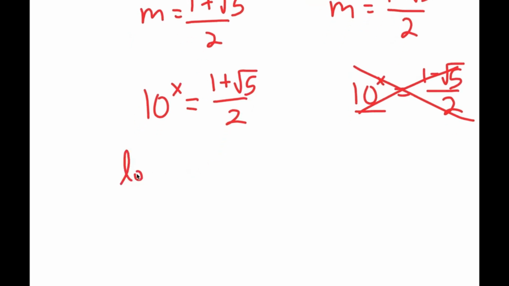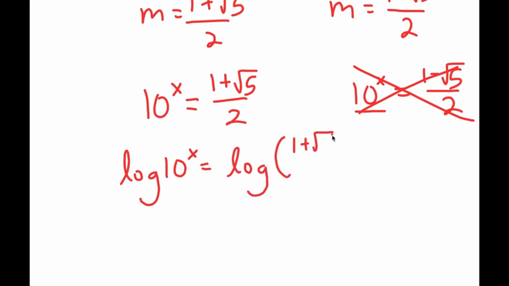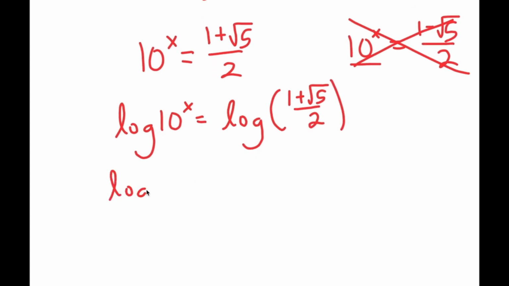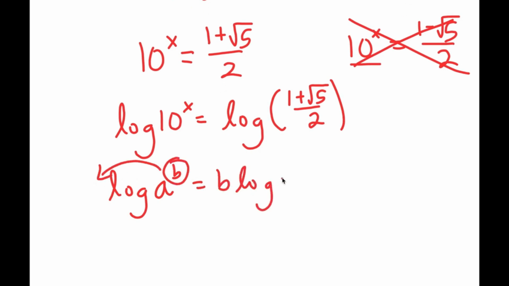And to solve this, I'm going to take the log on both sides. So I get log 10 to the power of x is equal to log of 1 plus the square root of 5 over 2. And if I have something in the form log a to the power of b, I can move the exponent b to the front, so this turns into b times log a.